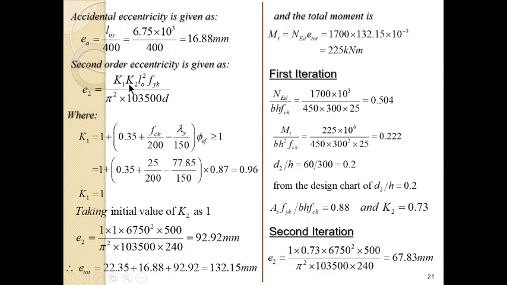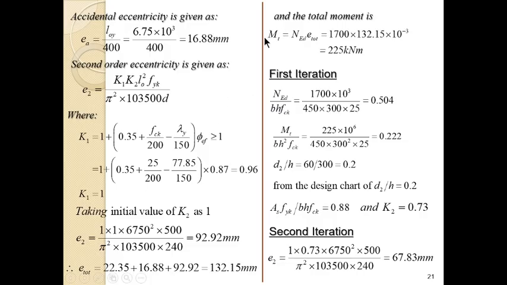So with that, when we put in all the parameters, our E2 gives us 92.92 millimeter. We now calculate the total eccentricity, E total, which is E naught plus Ea plus E2. That gives us 132.15 millimeter as the total eccentricity.